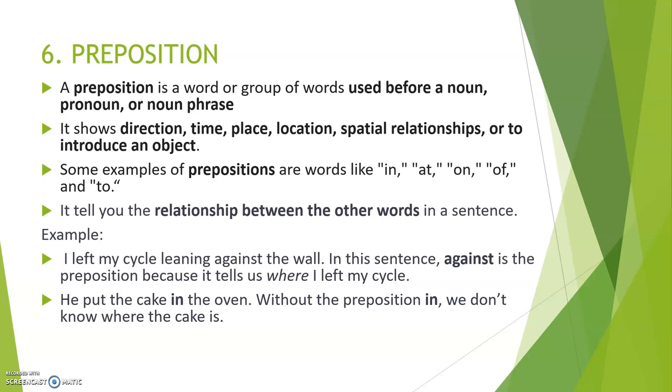Without the preposition in, we won't know where the cake is put. So, preposition is extremely important in a sentence because it is the word that is used to join the sentences and have a relationship between the other words in the sentences.